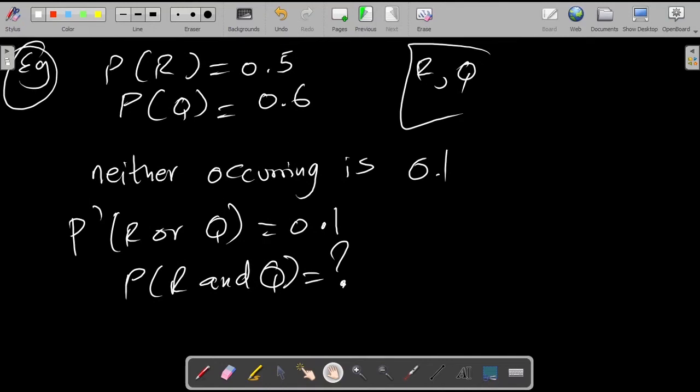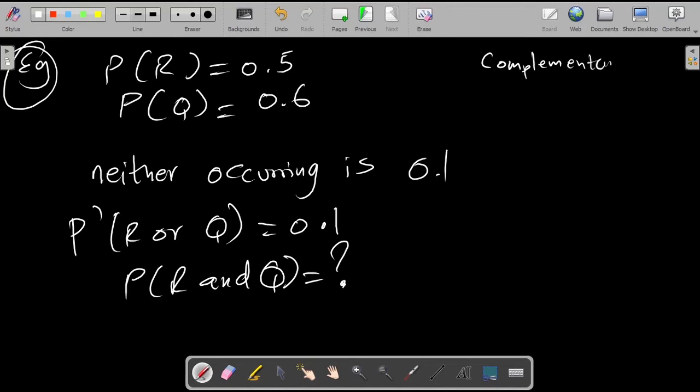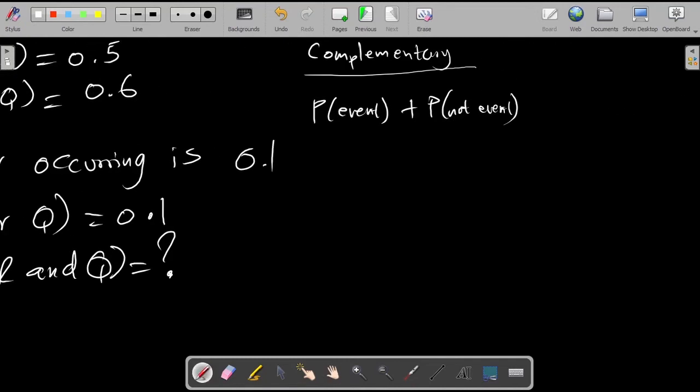So how then would you find this probability, or how would you go about calculating this? So remember that we talked about complementary events. And remember that we talked about this fact that if you have an event happening, if you add the probability of that event not happening to the probability of it happening, then you basically expect to get 1.